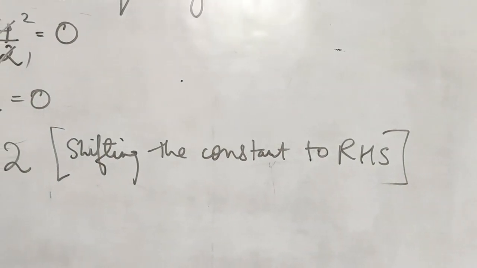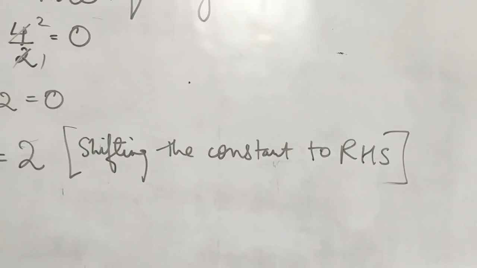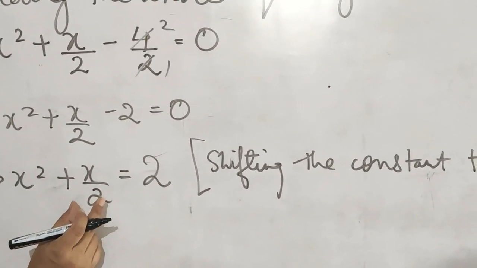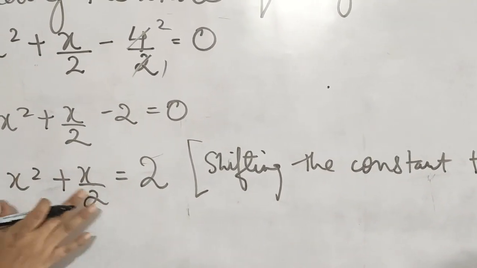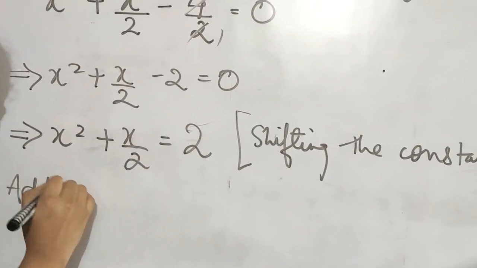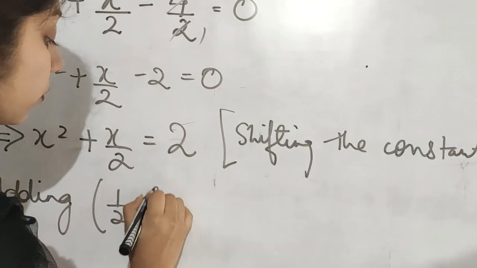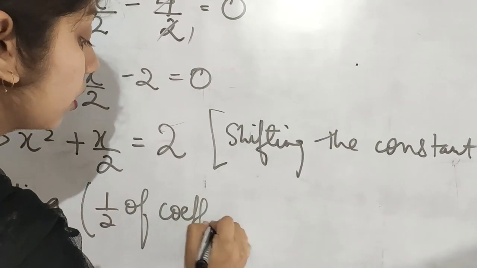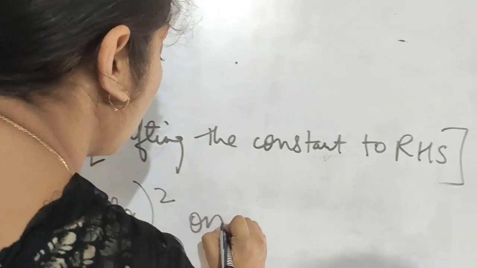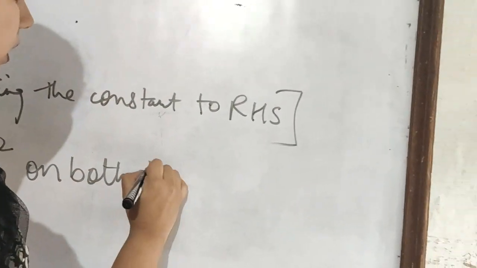Next, what are we going to do over here? Our next step was that we had to add half of the coefficient of x whole square on both the sides. So over here we will write adding half of coefficient of x whole square on both the sides.